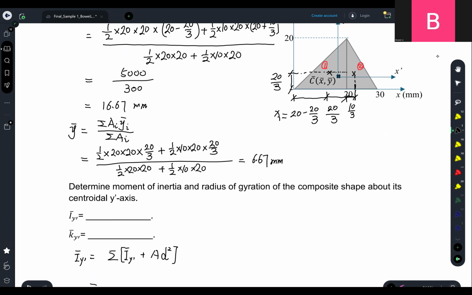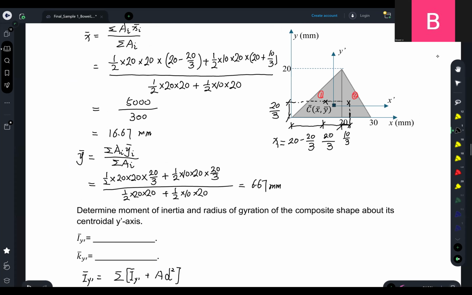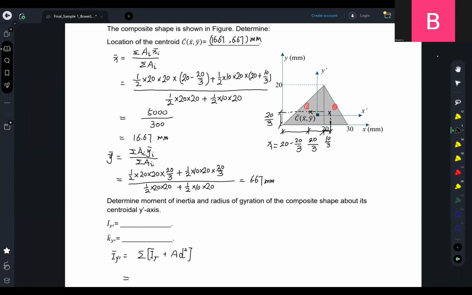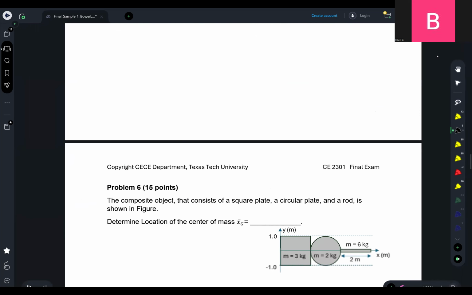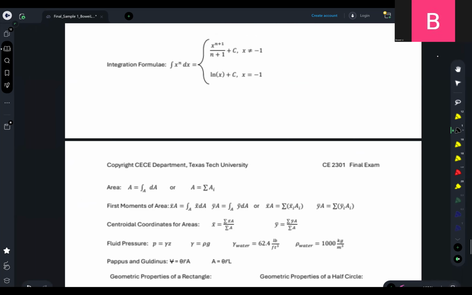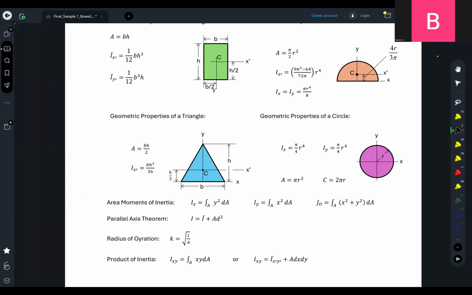Okay. So now we can go ahead to evaluate that. First, if we go to area one, the central moment of inertia of area one equals... It is a triangle, and if we go to the appendix here, we see that the central moment of inertia about x prime is 1/36 times b h to the power 3.